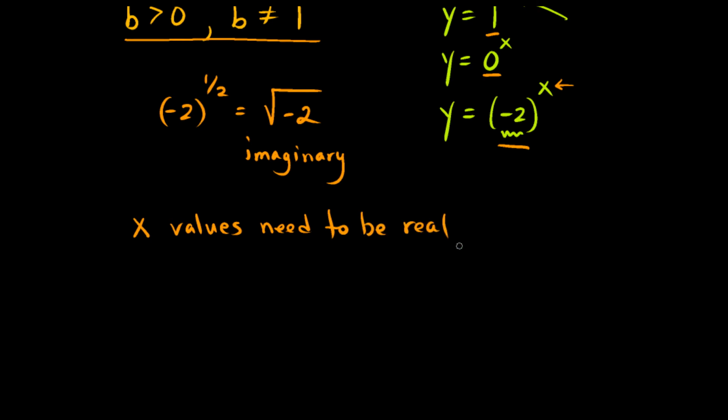The x values need to be real, in other words, not imaginary. Because of this, the domain for these exponential functions will always be negative infinity to positive infinity. In other words, all reals.